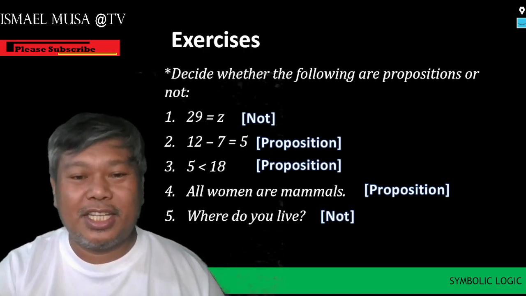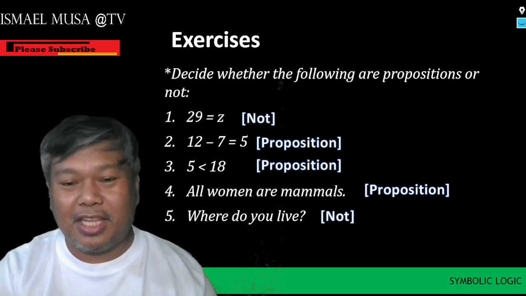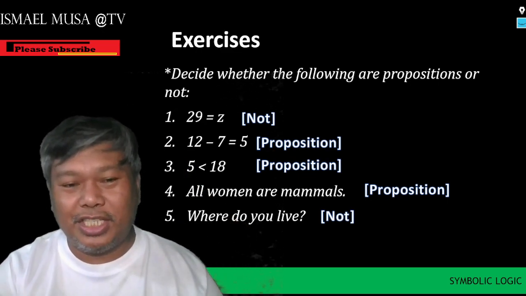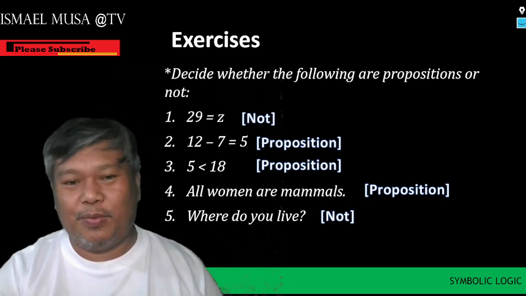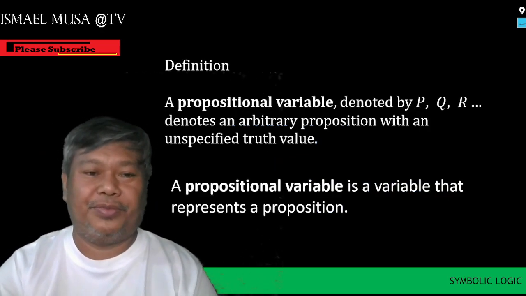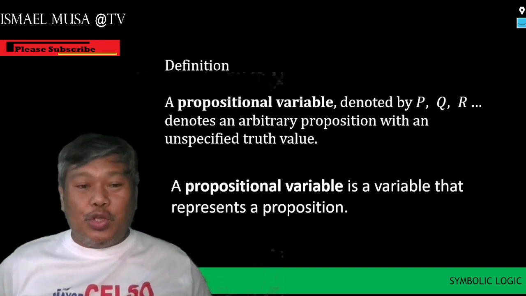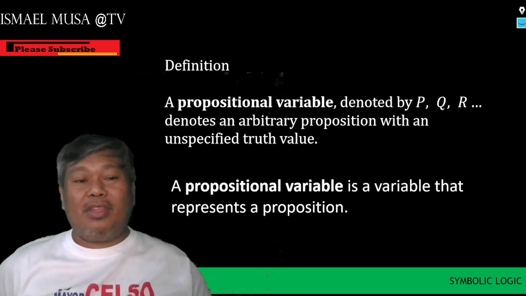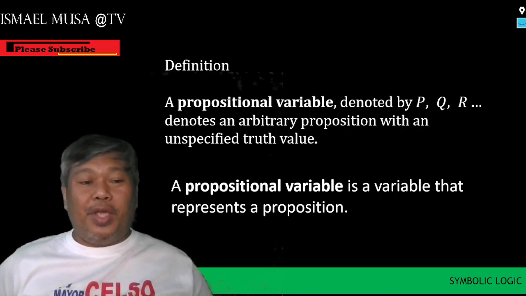Now, we shall discuss, in mathematics and in symbolic logic, instead of writing the sentence, we convert it into a propositional variable. The common practice is to denote it by P, Q, R. This denotes an arbitrary proposition with an unspecified truth value.